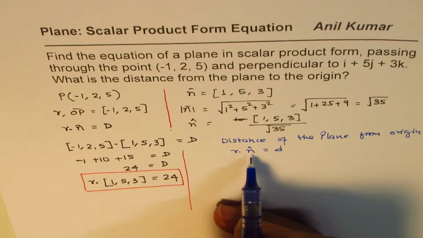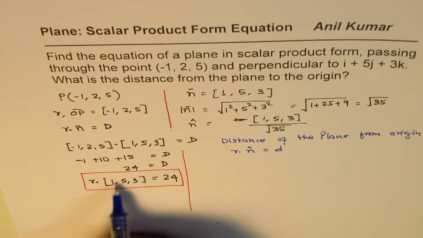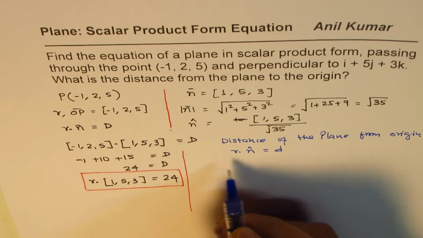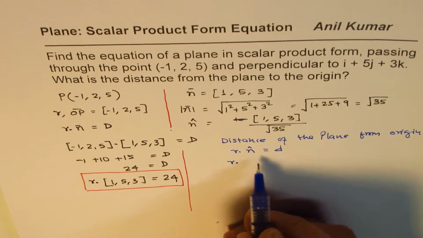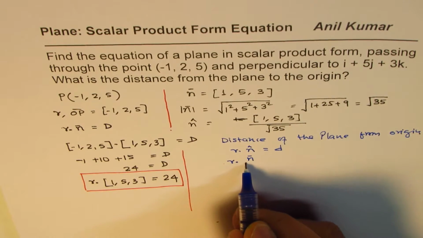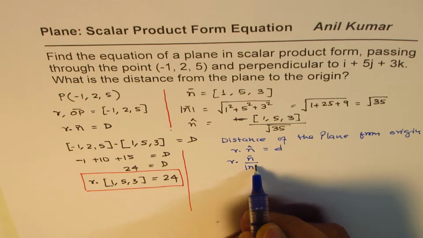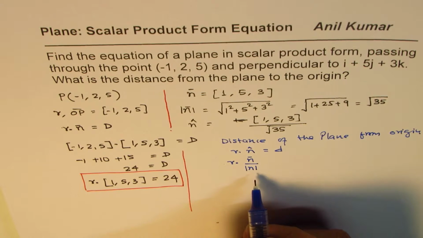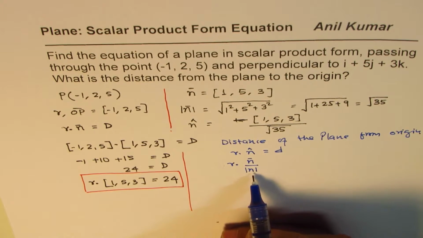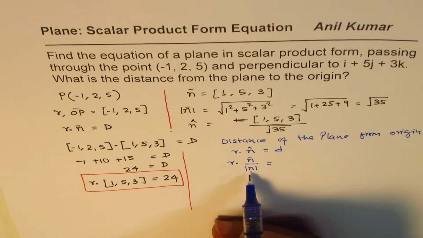So we need to use the unit vector. Now here we have the vector as such, so we'll just change this equation a bit. So we can write this as r dot, and the unit vector will be the vector divided by the magnitude of the vector, right? So what we are doing here is replacing this by the magnitude of the vector.